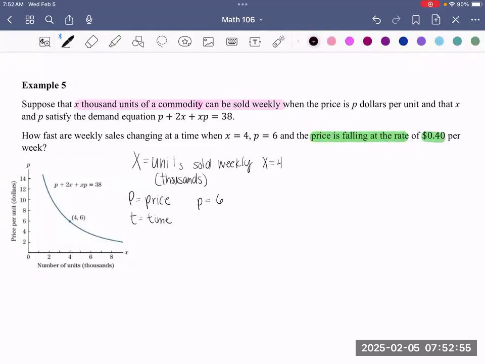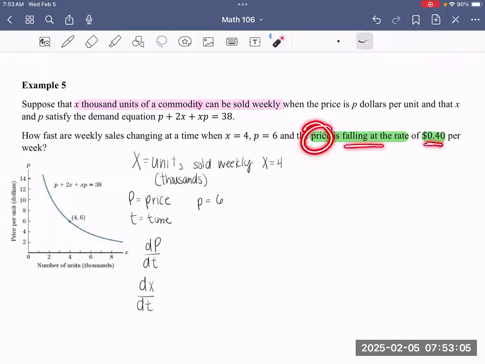So do we, in other words, have dp/dt or dx/dt if the price is falling at a rate of 40 cents? Well, it would be dp/dt. Now it's 40 cents, but keep in mind the key word here is that it's falling.